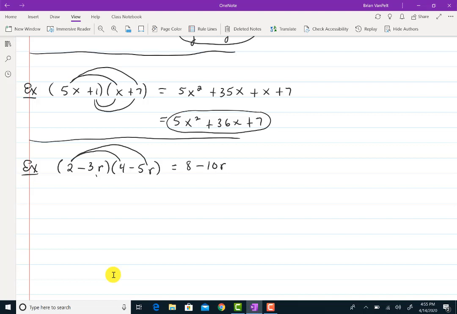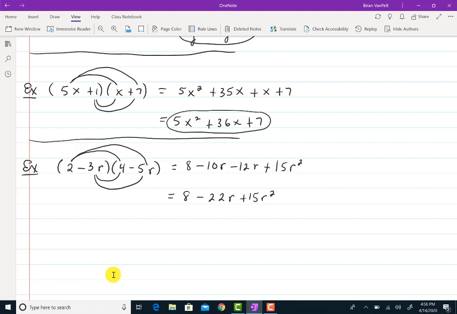And then the inner, -3r times 4 is -12r. And then finally the last, -3r times -5r is positive 15r squared. And then just simplify the middle terms. 8 minus 22r plus 15r squared.